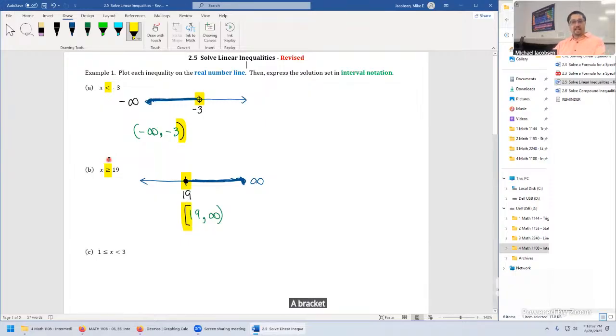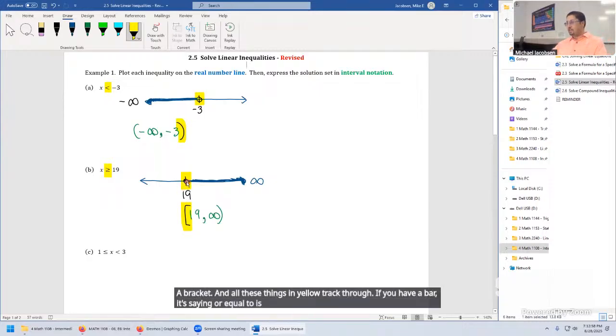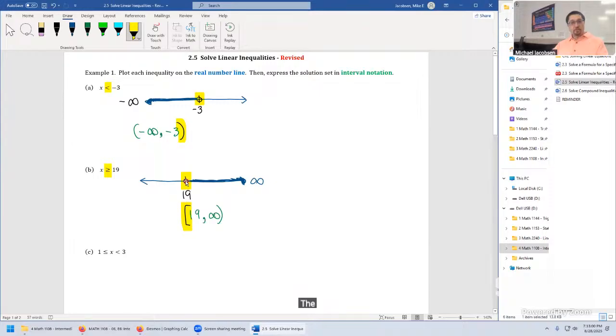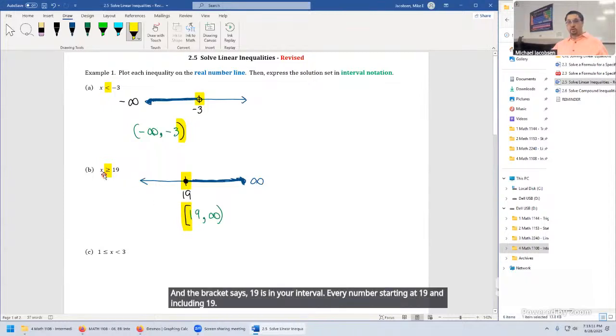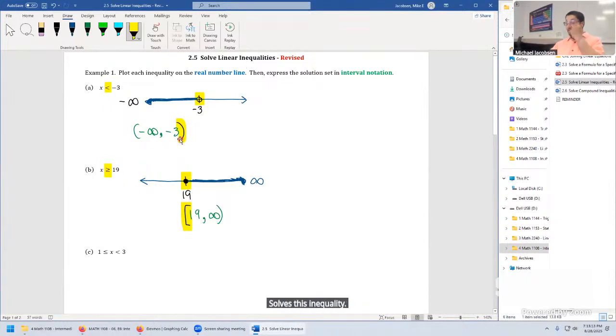And all these things in yellow track through. If you have a bar saying or equal to is a possibility, the solid dot says the number is included in the solution set, and the bracket says 19 is in your interval. Every number starting at 19 and including 19 solves this inequality. Whereas up here, every number less than -3 solves it, but not -3.